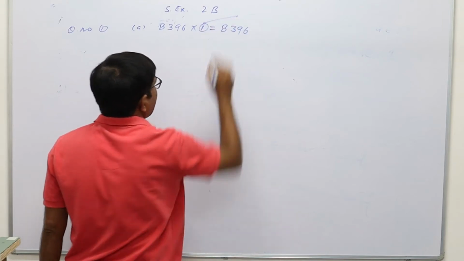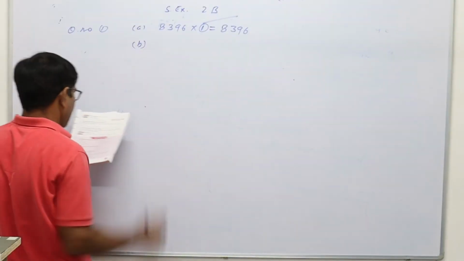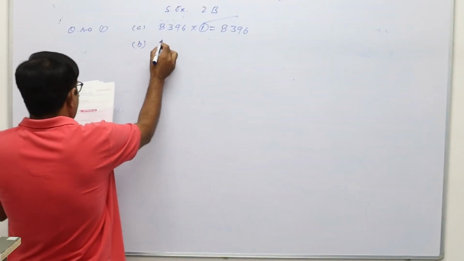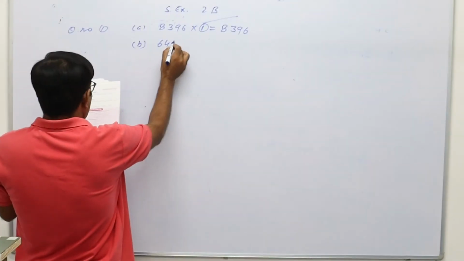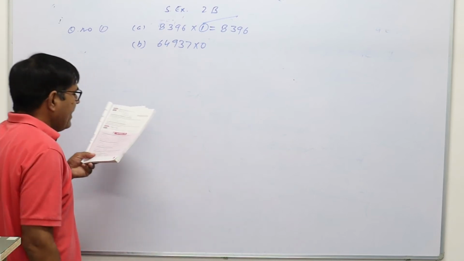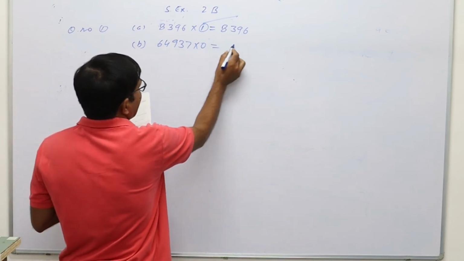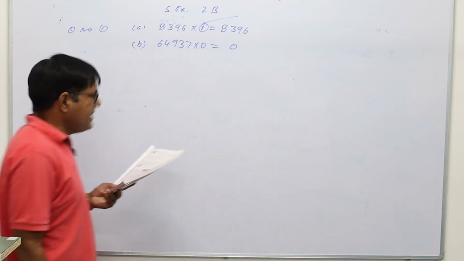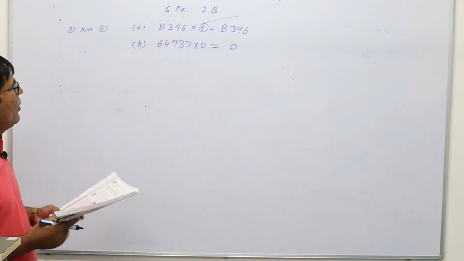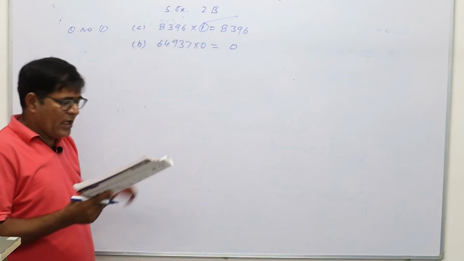Here this one is known as the multiplicative identity element. Question number second. A number 64,937 is multiplied by 0. If any number is multiplied by 0, then its value will always be 0. So this was the property of 1. This is the property of 0.